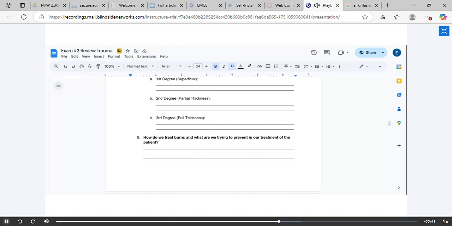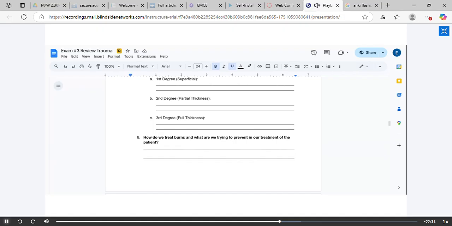It's our first barrier against germs and all that kind of stuff, right? But it also helps to regulate temperature. So if our skin is damaged, then our bodies can no longer regulate temperature by itself. So we can lose a lot of heat.